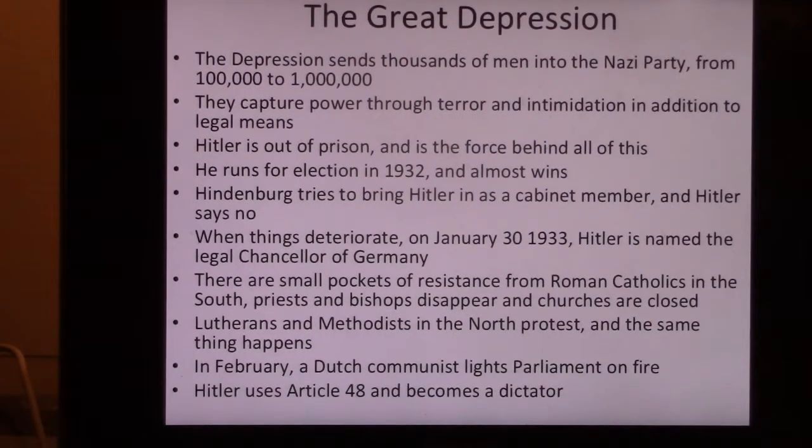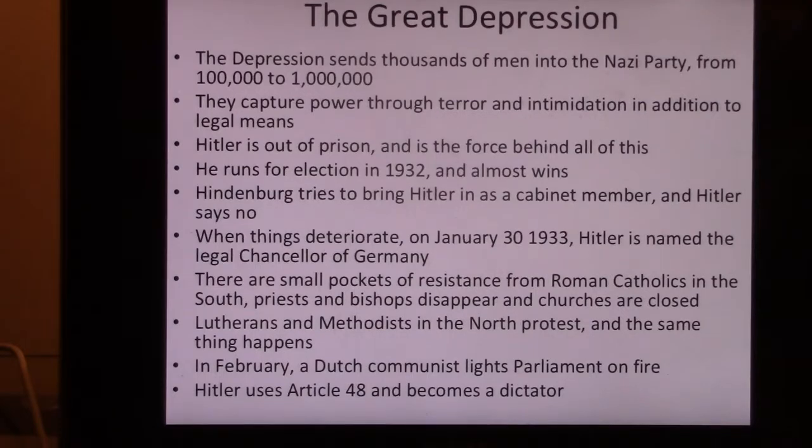And then in February, a Dutch communist lights the Reichstag on fire. He is captured a couple blocks away. He was an old man with one wooden leg. Surprise, surprise, he was shot. And he was a card-carrying member of the Dutch Communist Party. And Hitler says, oh no, we're not letting any of those commies in here.